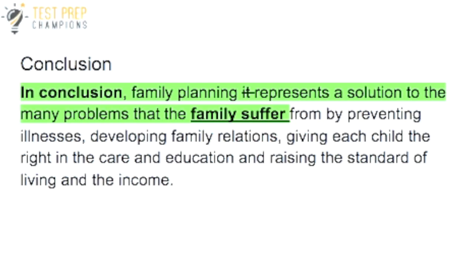So why do I have family and suffer selected here? Well, let me tell you why. You have "family suffer," and family is a noun, but it's a special type of noun called a collective noun because it refers to a group of people. A family is one thing, but there are multiple members in a family, so we consider this a collective noun.